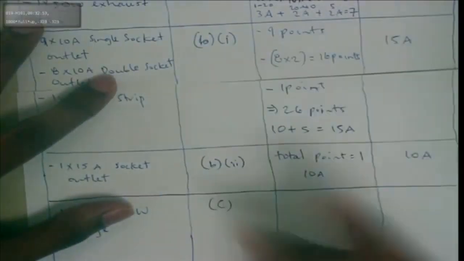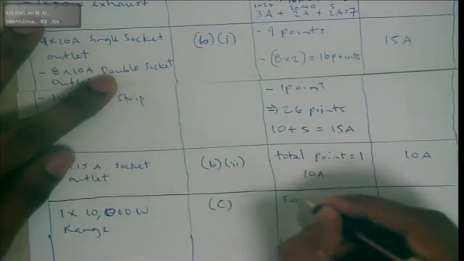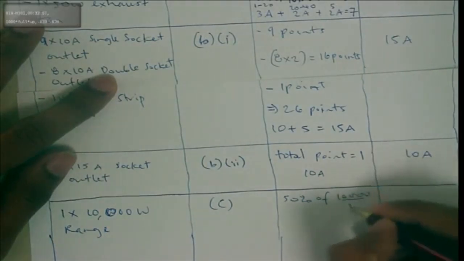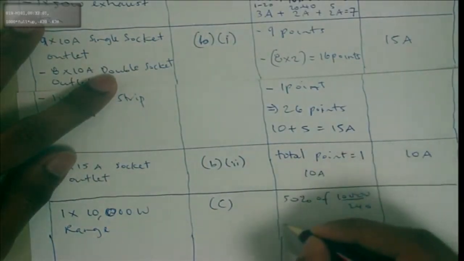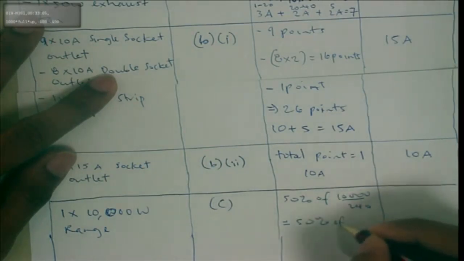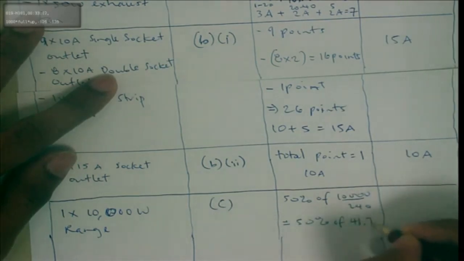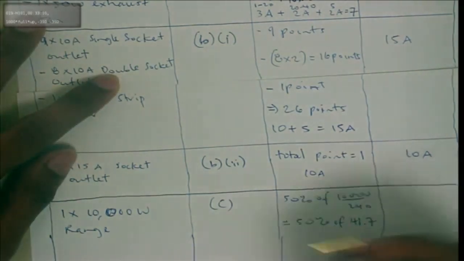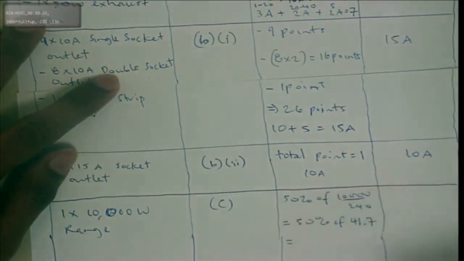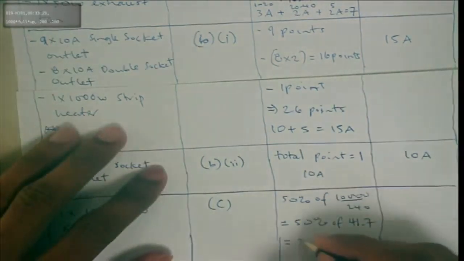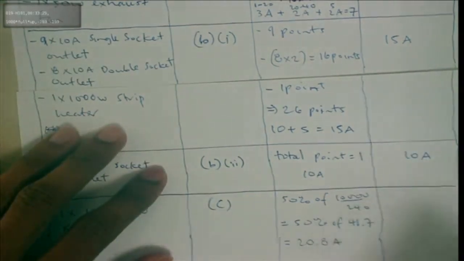So that is 50% of 10,000 divided by 240, which is 50% of 41.7. That's just multiplying by 0.5, right? So 0.5 of 41.7, 20.8 amps.